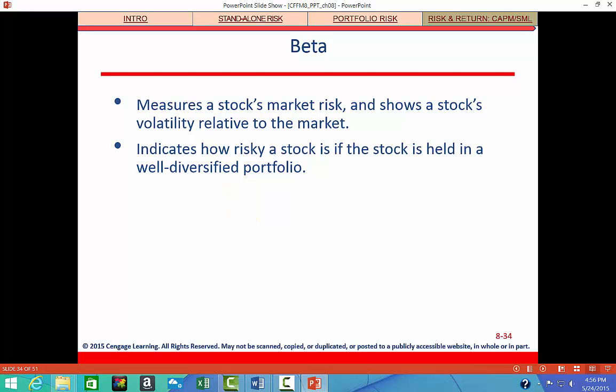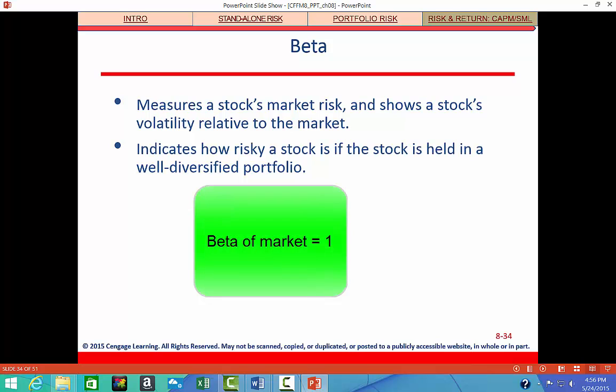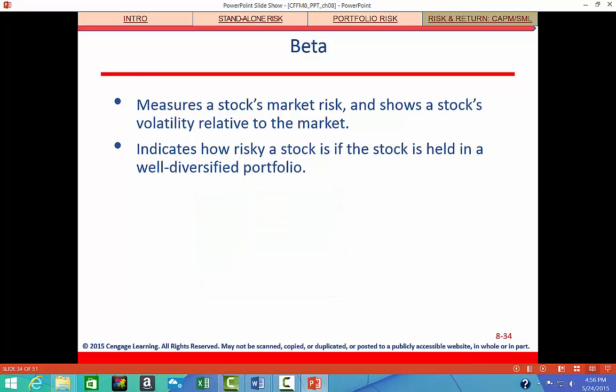The beta, like I said, measures the stock's riskiness relative to the market's riskiness. So if you had a stock with a beta of 2, that would mean the stock is twice as volatile as the market. And the market could be like the S&P 500. The assumption is that the beta of the market is 1 and everything is measured relative to that market beta.